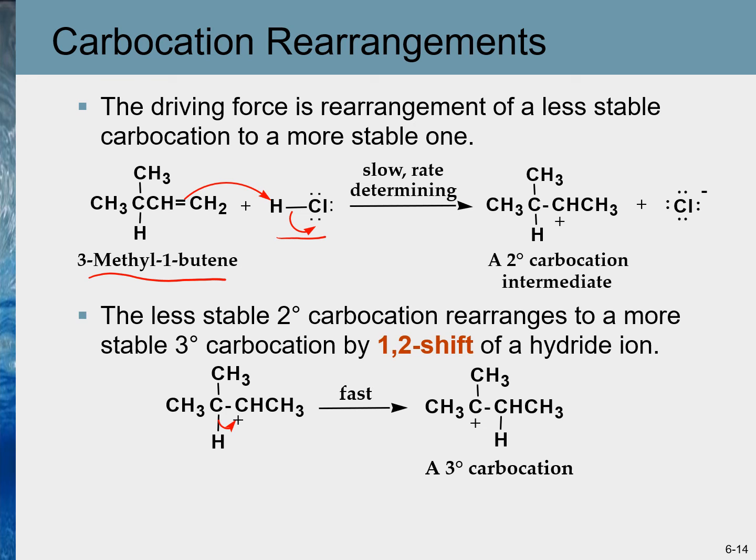The first step involves the attack of the nucleophile, and we know that the alkene acts as a nucleophile and the hydrogen halide acts as an electrophile. In the first step, the pi electrons attack the proton, so that's a nucleophilic attack, and it results in formation of a carbocation.